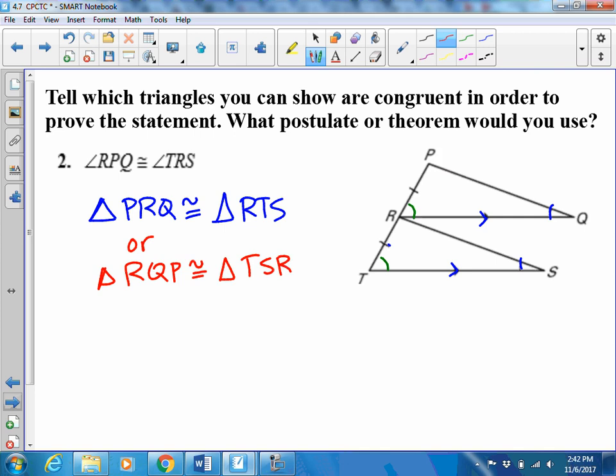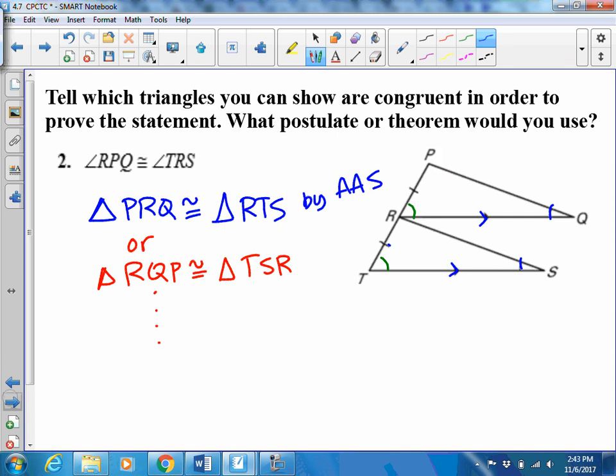That would be also correct. And again, I could continue to rearrange. So there's going to be a number of different answers you could write as long as you line up the correct angles. Oh, the reason I didn't write down, the reason would be angle, angle, side. Right, angle, angle, side.